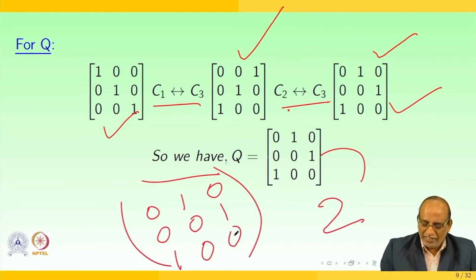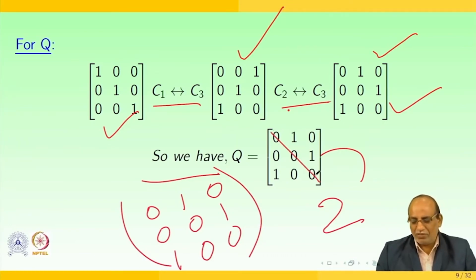If you find the determinant of this matrix, you see it is actually not 0.